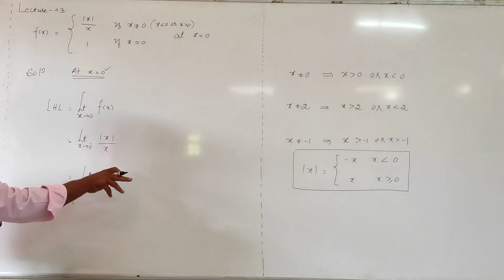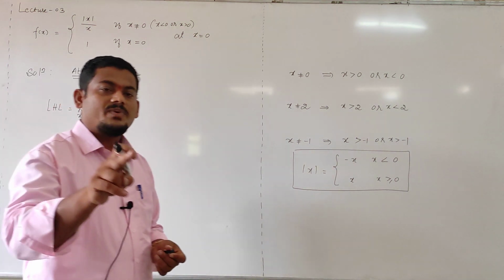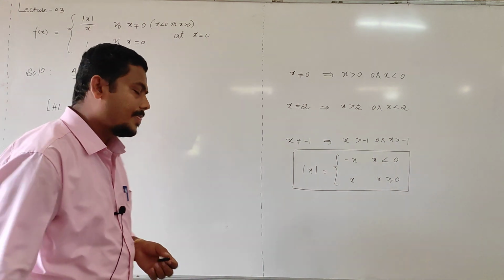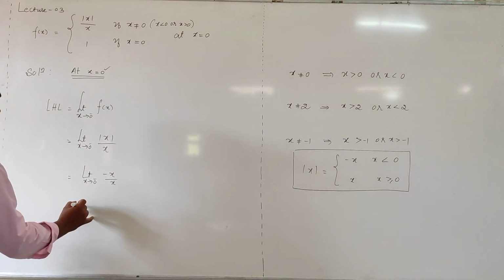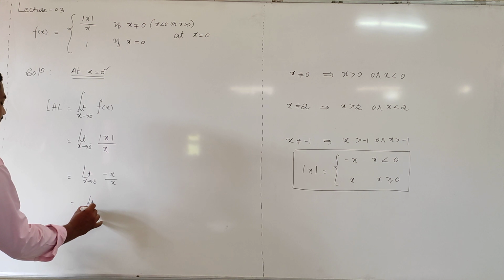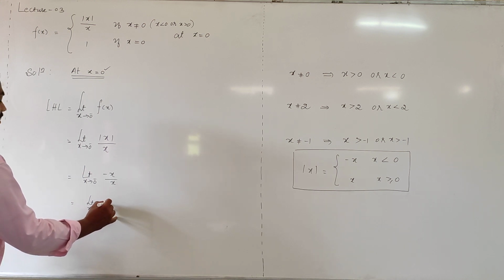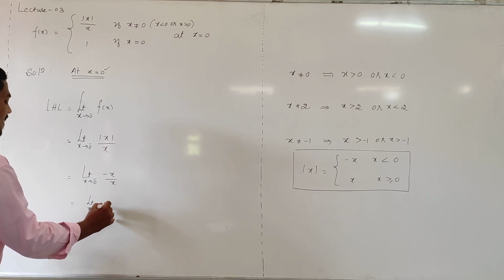And don't apply the limit yet because it gives 0 by 0. Simplify until you get a finite value, right? Now x gets cancelled. Limit x tending to 0 minus, x gets cancelled, we get minus 1.